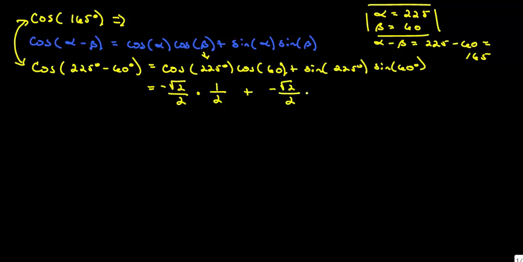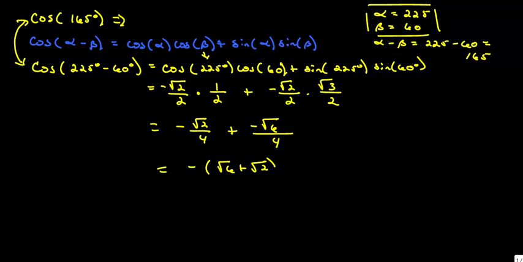And the sine at 60 is equal to root 3 over 2. So this is going to give me negative root 2 over 4, and this is going to give me negative root 6 over 4. And that's going to be negative square root of 6 plus square root of 2, all over 4.